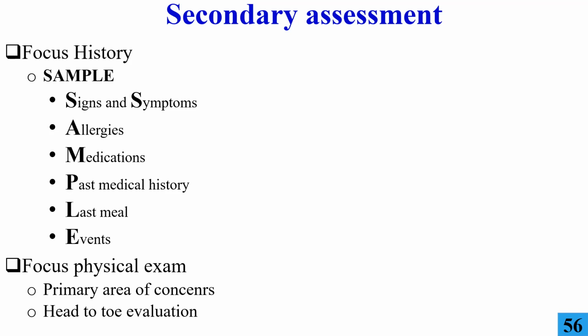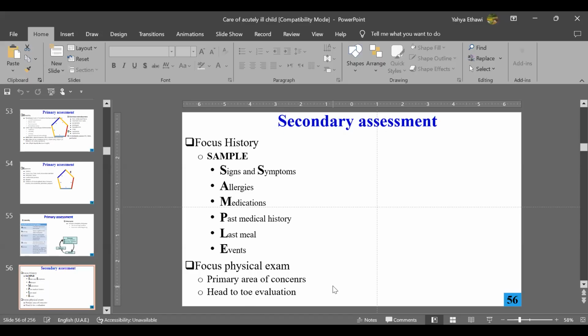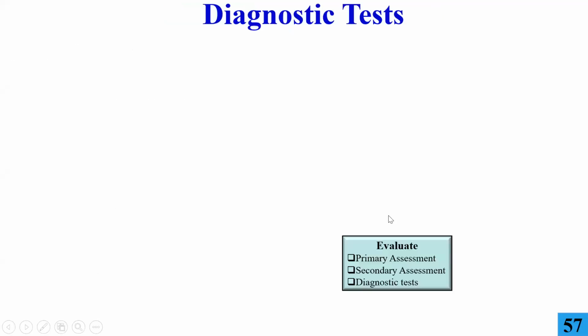The history is called SAMPLE, an acronym that includes signs and symptoms, allergy, medications, past medical history, last meal, and events. Then we do the focused physical examination, which covers the area of concern. After that, we examine the baby from head to toe.